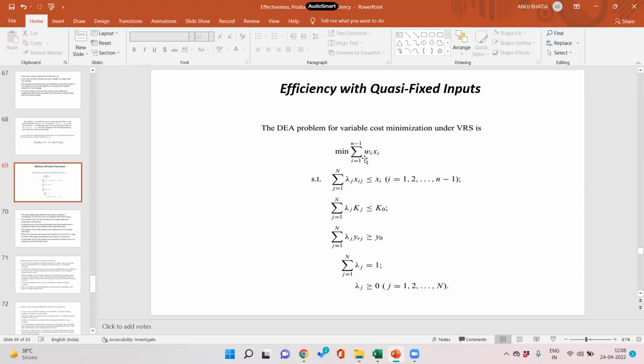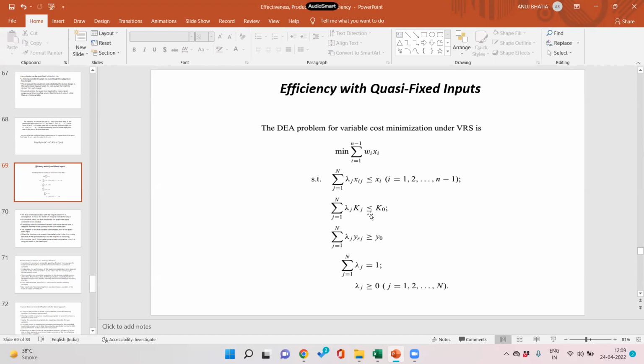For us, it is capital. w_i x_i, prices times inputs which are variable. So we minimize the variable cost subject to the constraint sum of lambda_j x_ij less than or equal to x_i. This is for the variable inputs. This x_i is the same as the x_i in the objective function.